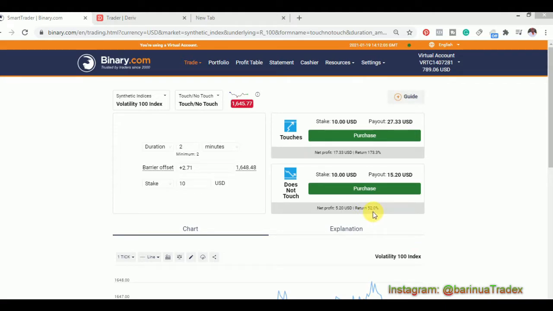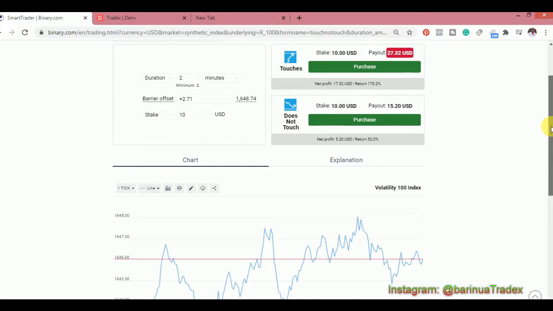The percentage return here is about 52%, while the percentage return here is about 173.2%. That's to tell you that the chances of winning here is more than the chances of winning up here.